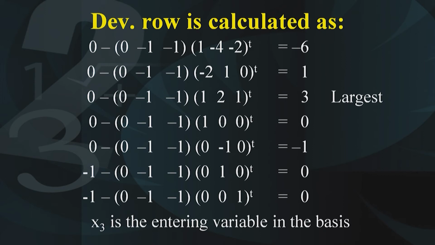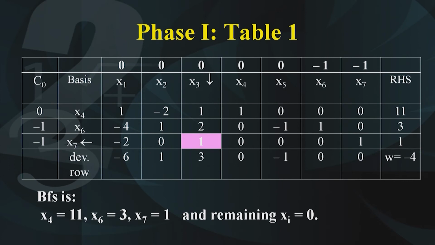We want to see which variable should enter into the basis, and as you can see, out of these deviations the third entry, the value 3, is the largest, and this indicates that x3 should enter into the basis. So, the criterion for entering the basis is the largest deviation, and therefore x3 has to enter the basis.